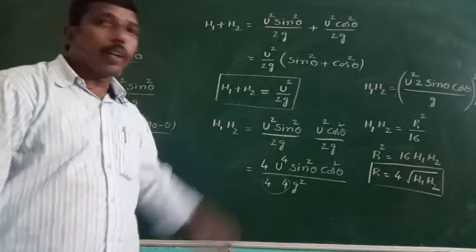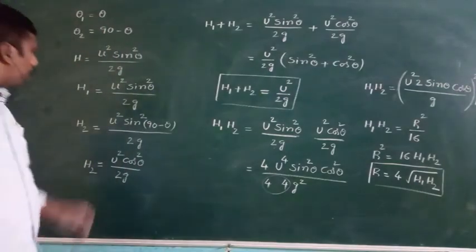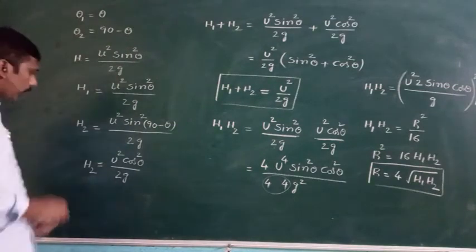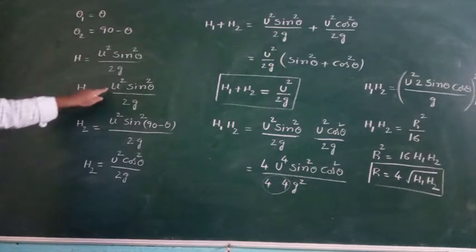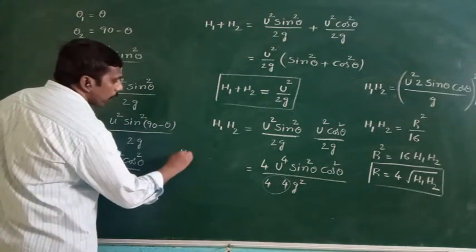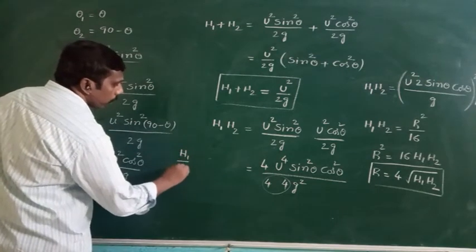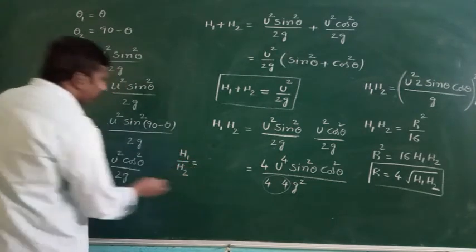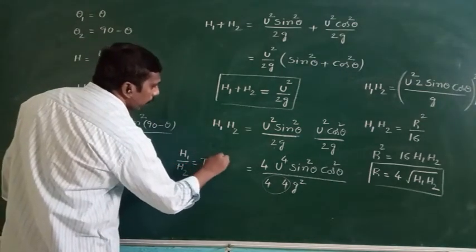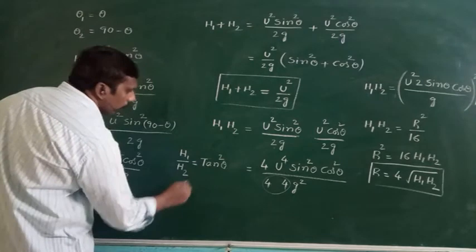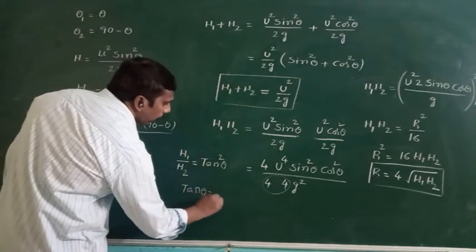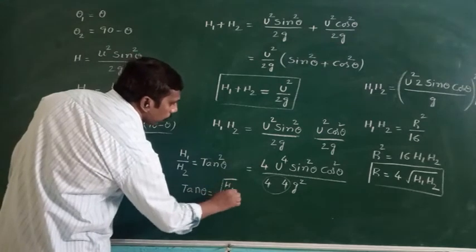Suppose if you divide h1 and h2, then you will get division. If you divide, u square 2g gets cancelled, then we can write h1 by h2 is equal to sin square theta by cos square theta, that is equal to tan square theta, or we can write tan theta is equal to under root of h1 by h2.